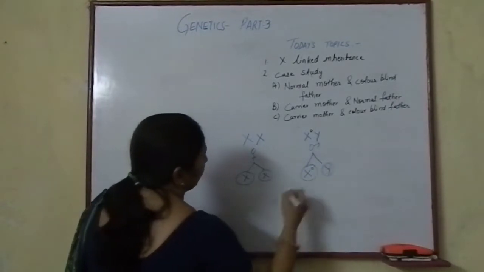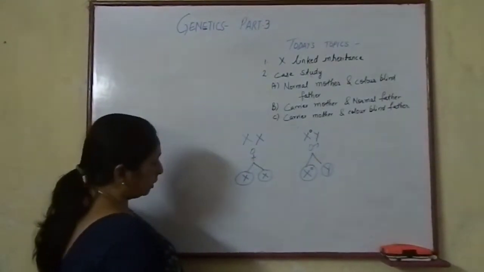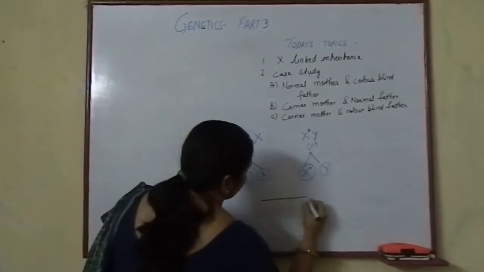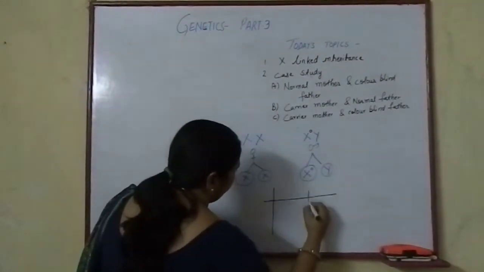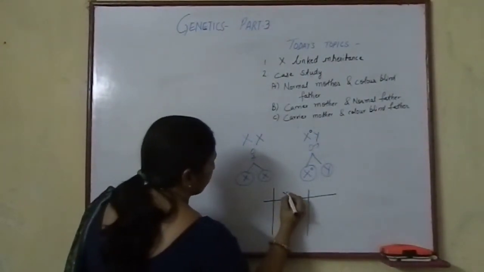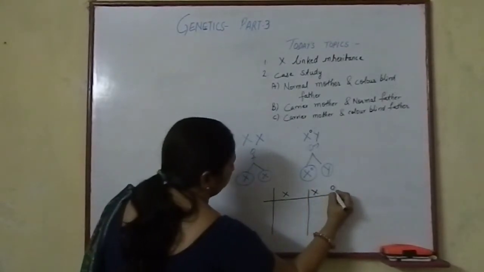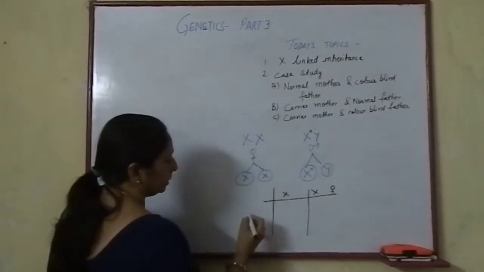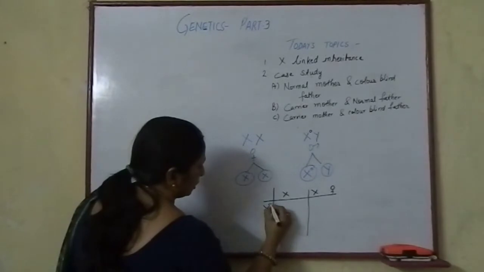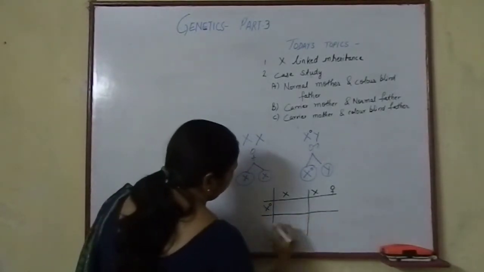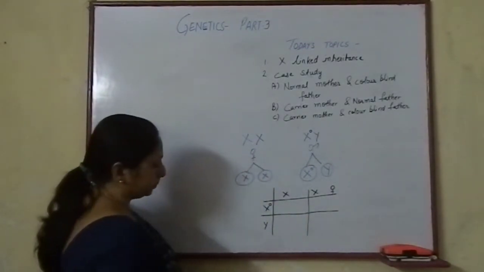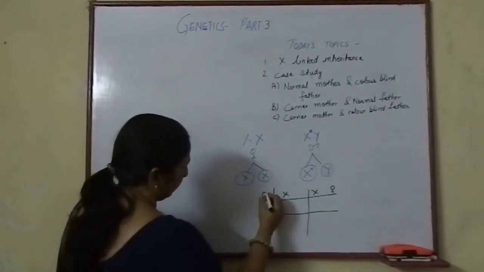Now we make a Punnett square for this, taking the characters together. X, X from the female parent, and X0 and Y from the father or the male.